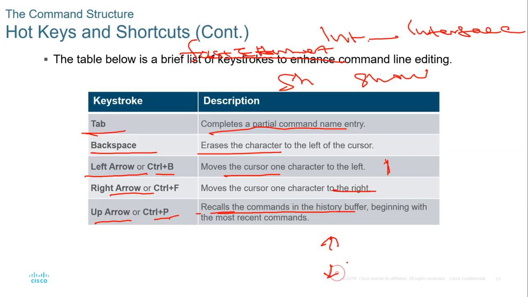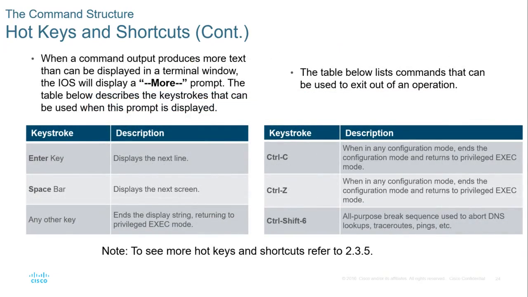We have the down arrow. We have the right, and then we have the left. So this one recalls. This one moves one character towards the right, and this towards the left, when trying to do the editing. So we're not encouraged to use the cursor in the process of editing our statements.